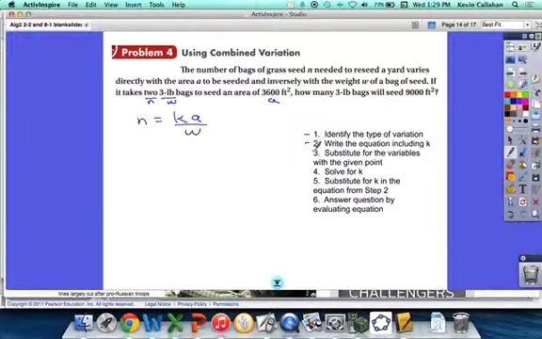So we're going to substitute for those and solve for k. So it's 2 equals k times 3,600 divided by 3.